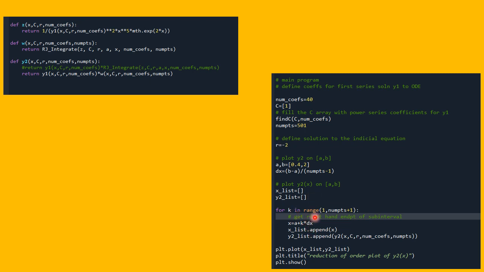For k in the range 1 to number of points plus 1, x equals a plus k times dx. X list dot append x, the value that we just computed here. Y2 list dot append, and then y2 of x, with all of these other parameters needed for the computation of y2 of x. After this loop is finished, we have filled these two lists with values of x and y2.